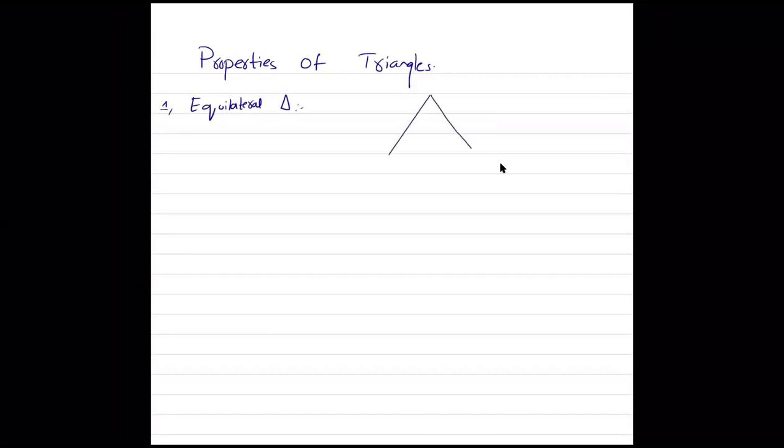Okay. Now let's look at the properties of triangles. We are going to discuss the different types of triangles. The first triangle is the equilateral triangle. An equilateral triangle is a triangle in which all sides and all angles are equal. All sides will be equal to each other, and the angles are always going to be equal.